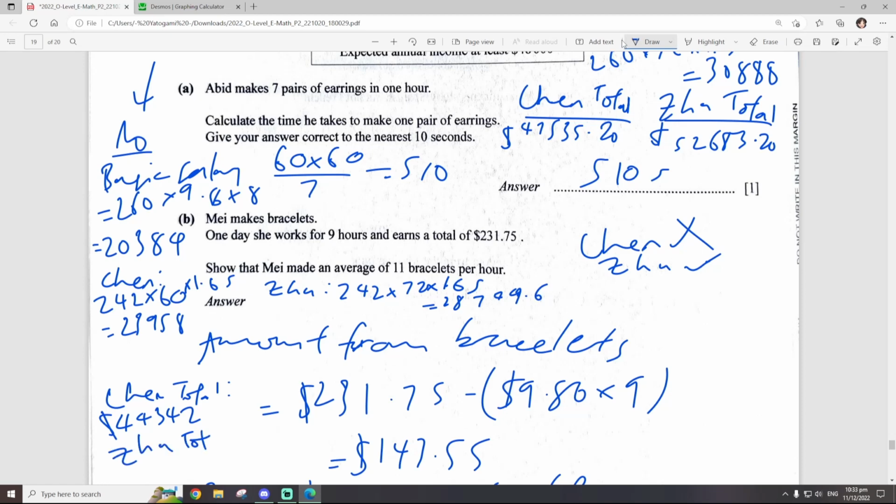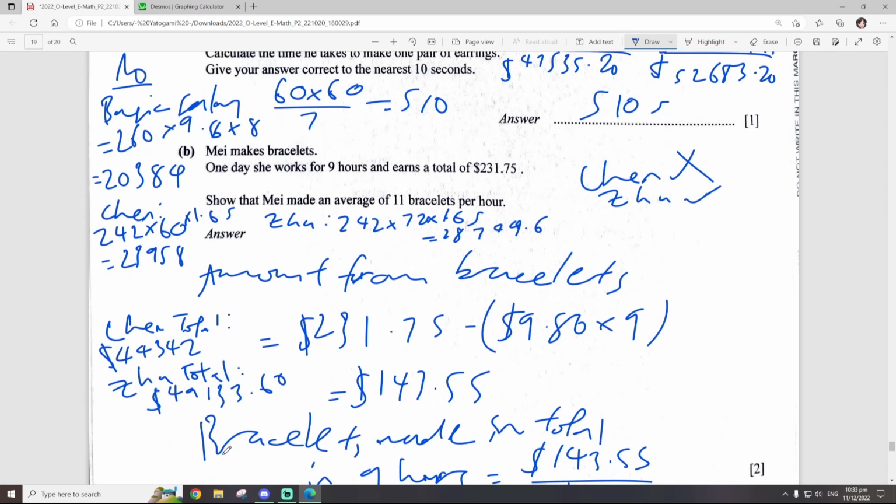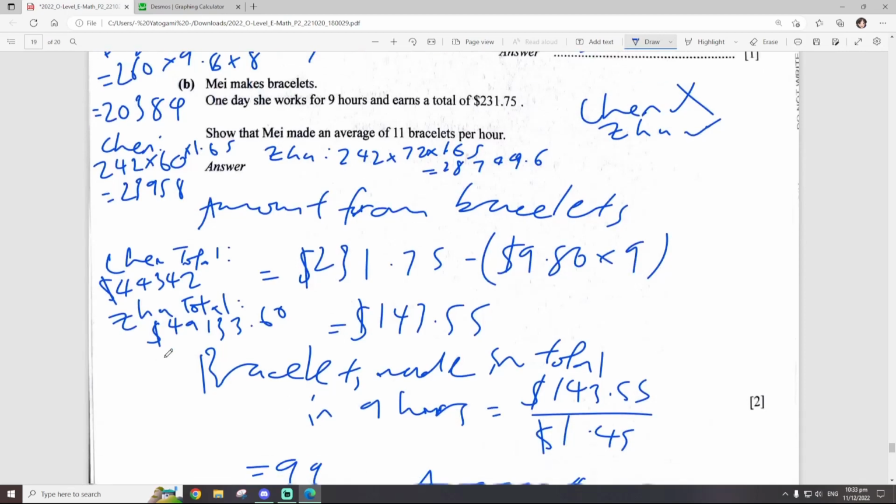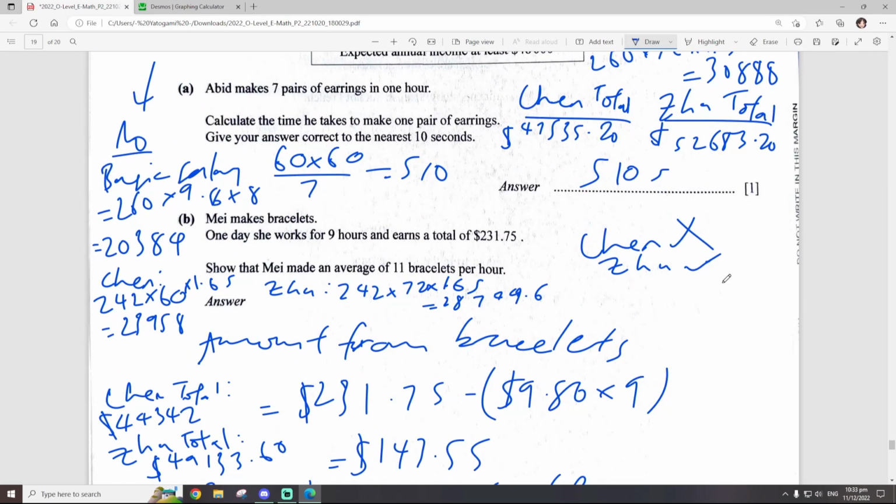Su's total will be 49133.60. And once again, Su's total here is more than 48,000, Chen's is less than, so again you get the same conclusion.